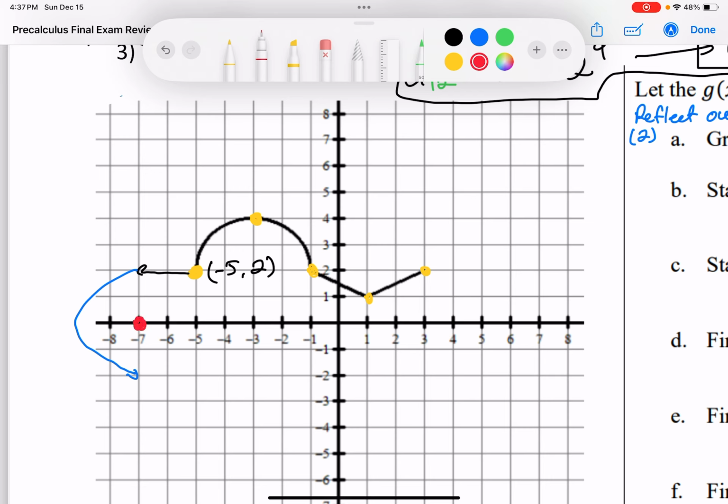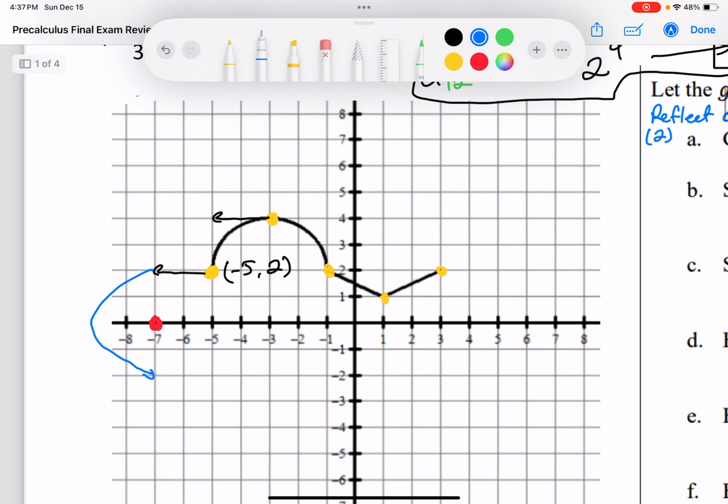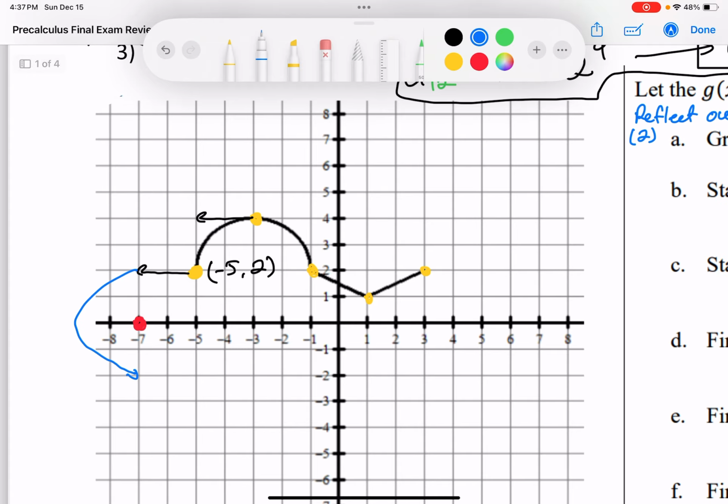And we're going to do the same thing for every point. 2 units to the left. We're now going to reflect that across the x-axis. Looks like I went too far down, actually. Let's do that again. Reflect it across the x-axis. So that's at 4. That will be at negative 4. And then move the point 2 units up.